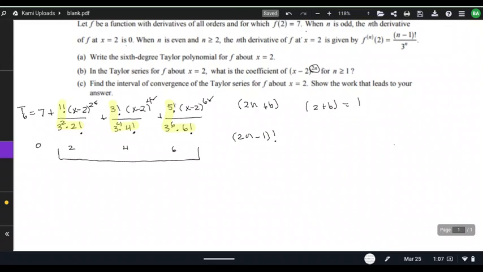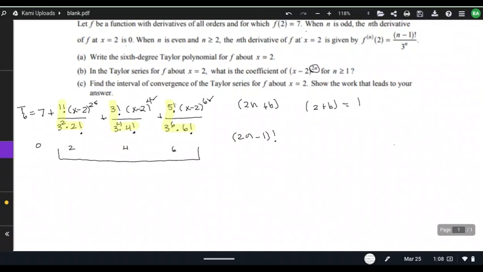Now we're going to be looking at the denominator. We can break up the denominator into two parts as well, the 3 to the n powers and the factorials. So first looking at the 3, we're going to have 3 to the second power, to the fourth power, and then to the sixth power.